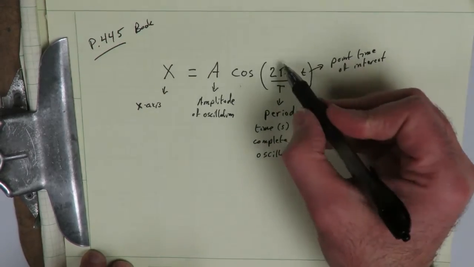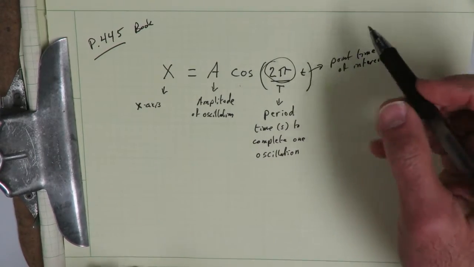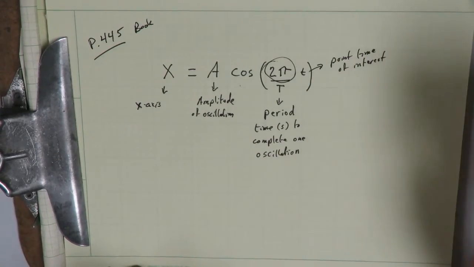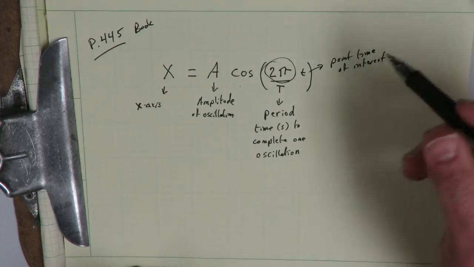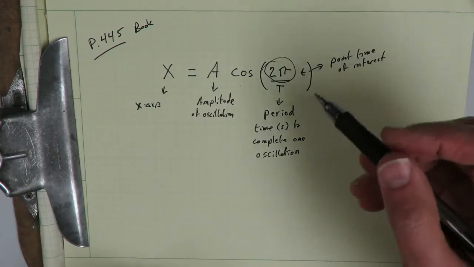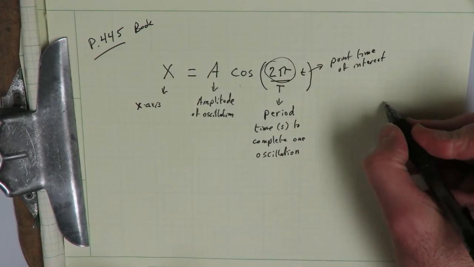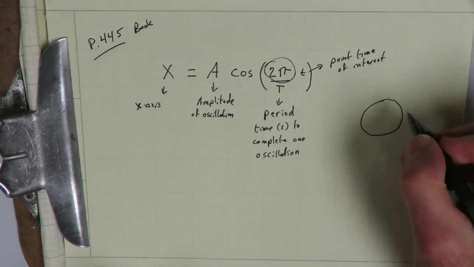Okay, so now why this 2 pi thing? 2 pi has popped up before when we talked about radians. And it turns out that this equation assumes that you're doing everything in radians. Because remember, there's 2 pi radians per circle per 360 degrees.